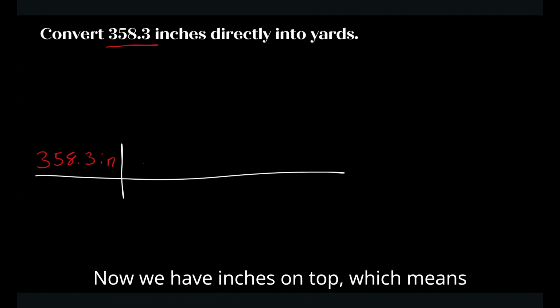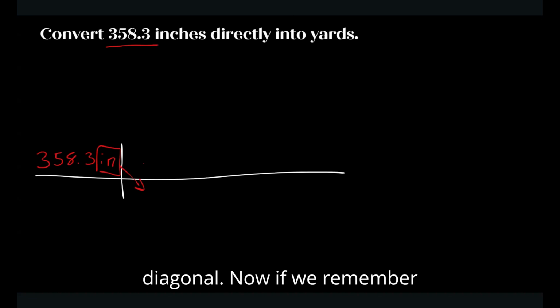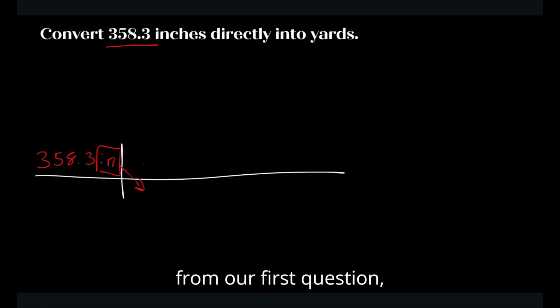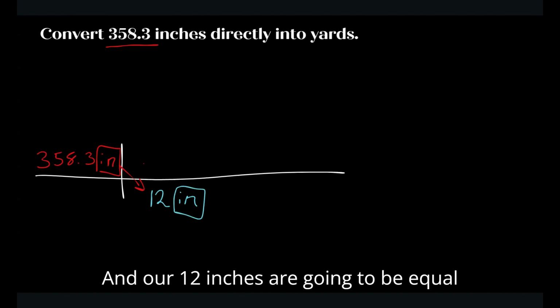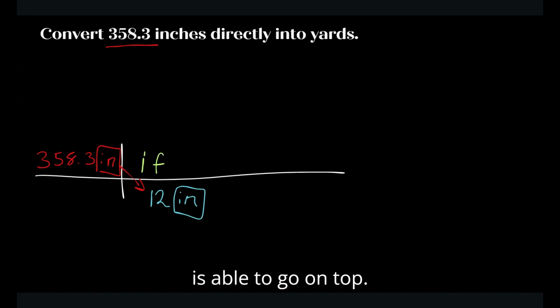Now we have inches on top, which means that we need to have inches on the diagonal. Now, if we remember from our first question, we had our 12 inches, and our 12 inches are going to be equal to that 1 foot.